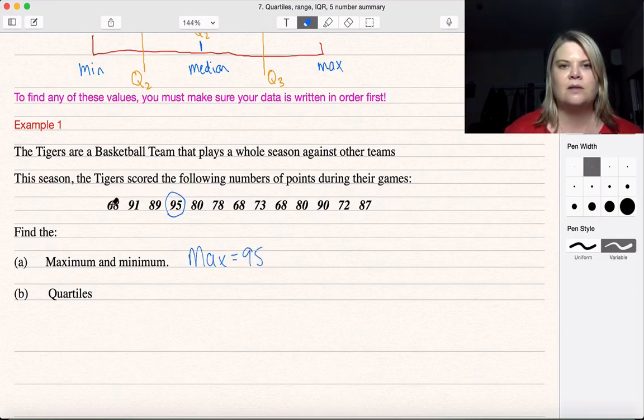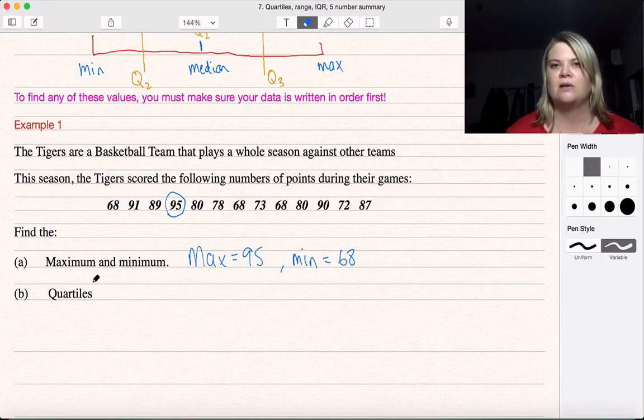And the lowest, 68. Minimum is 68. If we were trying to find the quartiles, though, it's going to take a bit longer and we will need to put them in order. Pause the video now to have a go at doing that yourself.